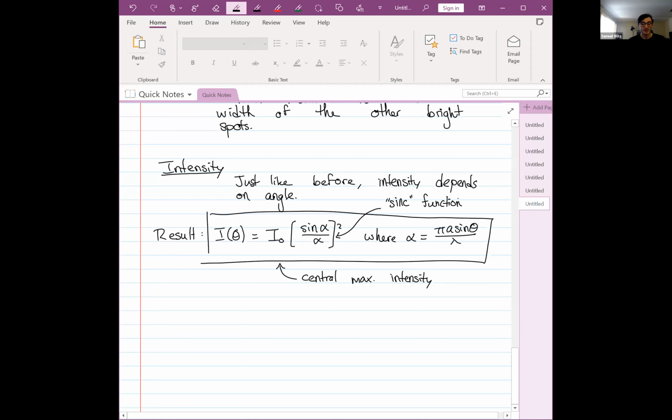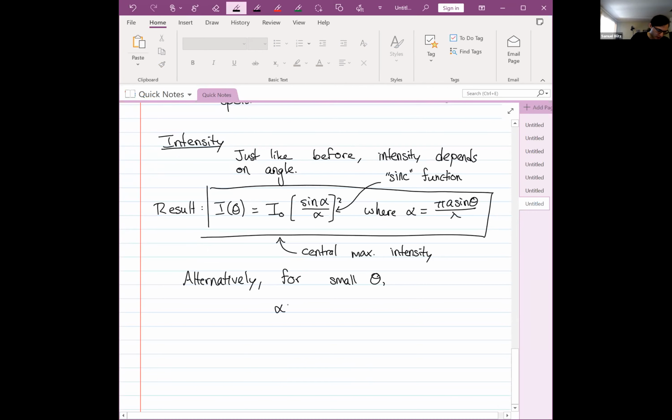So if you want to find the intensity, first you have to figure out what alpha is. You plug in theta, a, and lambda, find out what alpha is, and then you plug that into sine of alpha over alpha, square it, and that will give you the relative intensity. Alternatively, if the angle is small, then alpha is just pi a y divided by lambda L, where y is the distance up the screen.